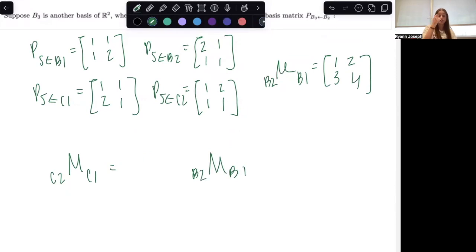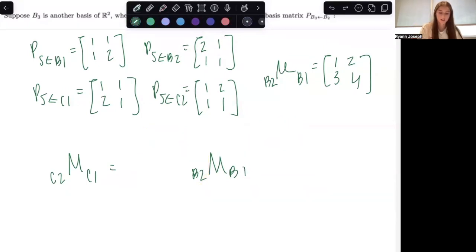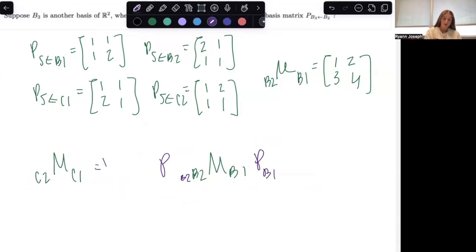So I know that I need to change something that's happening on the output side, and something on the input side. I know I need something to be B1 here, B2 here. I want it to end up being C2 over here, and I want to start with C1. So I'm trying to think, how can I squish all these things together to make this happen?